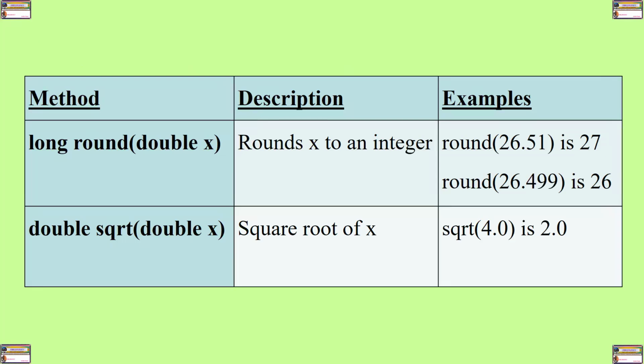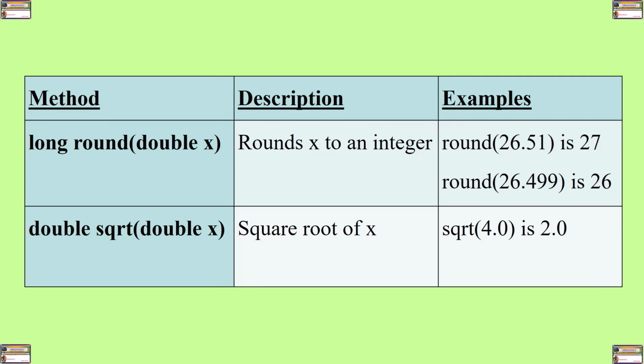Another method is round. Now, round rounds a value to an integer. So, if you pass, for example, to it a value of type double, for example, value x of type double, for example, round 26.51. If you pass 26.51 to the method called round, it is going to generate value 27.